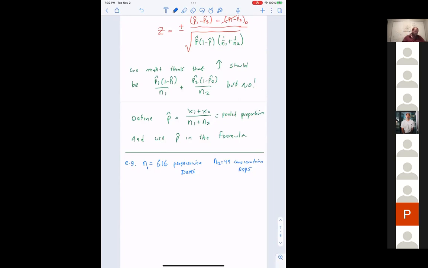Anyways, the event was falsely remembered as having occurred by 212 of the progressives. So we have 212 successes here and 7 of the conservatives.